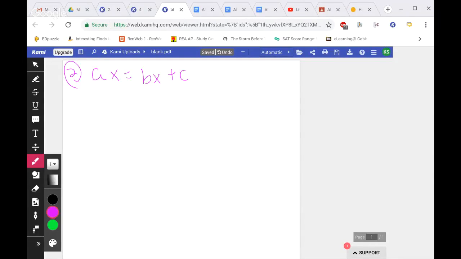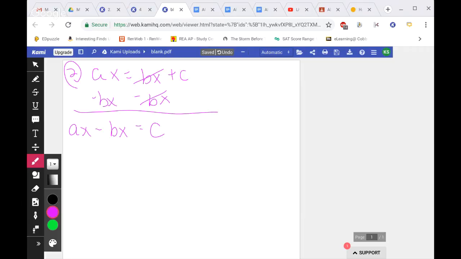Because I don't know the values of A and B, what I'm going to do is subtract BX from both sides to keep them together, and that's going to leave me AX minus BX equals C.